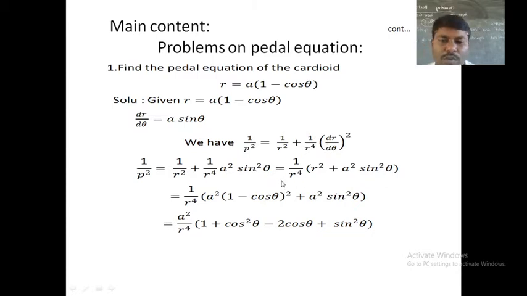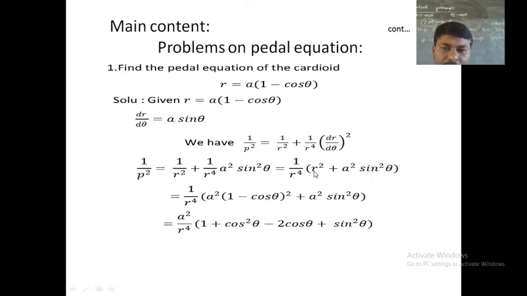Taking 1 by r raised to 4 outside, we get r square plus a square sin square theta.